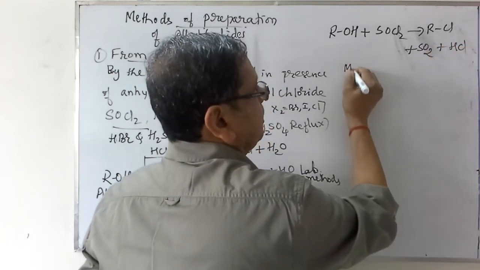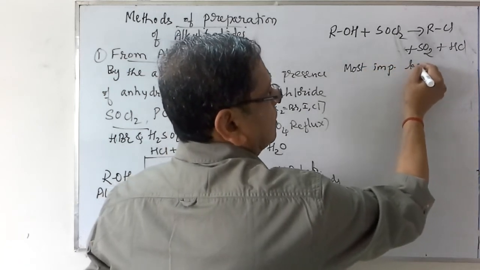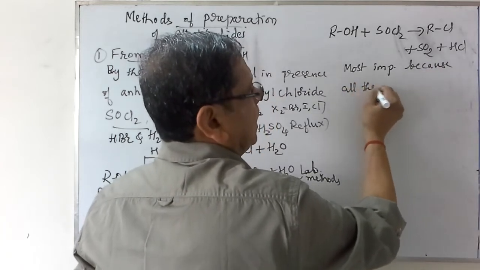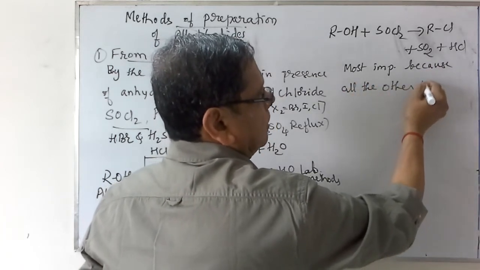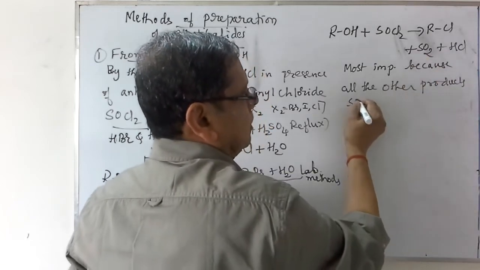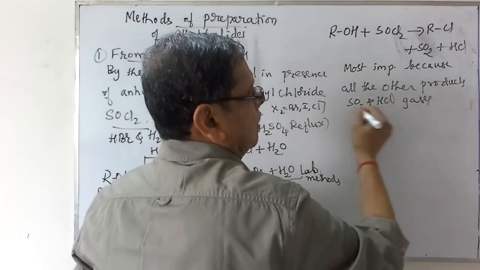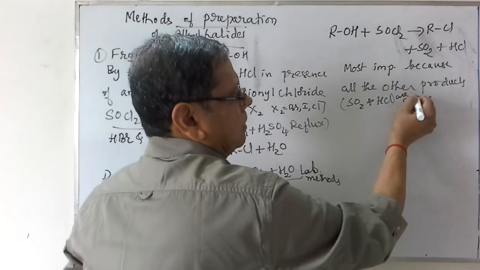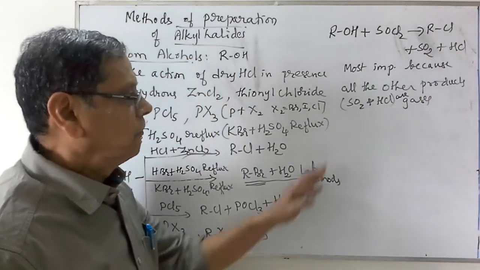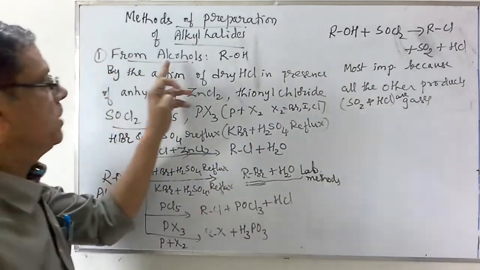This is the most important method because all the other products, SO2 and HCl, are gaseous. So we will get almost 100% pure alkyl chloride by using this method. So this is one method, that is starting from the alcohols.